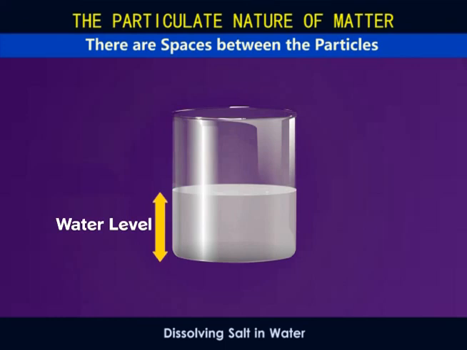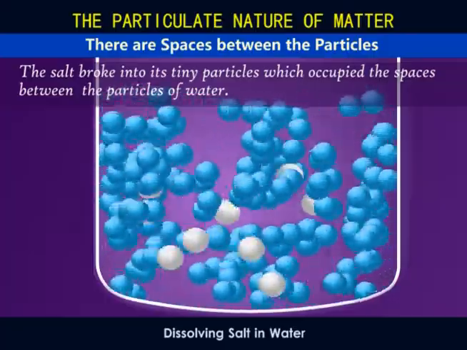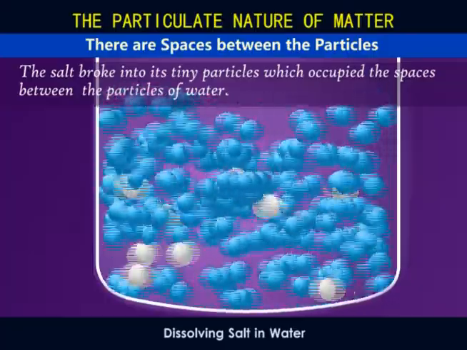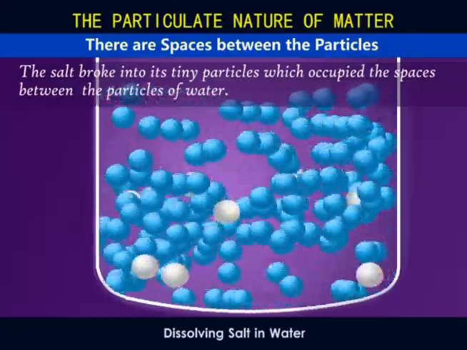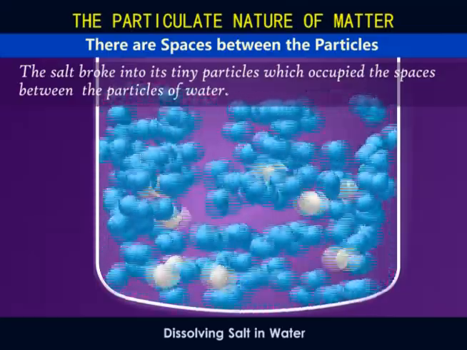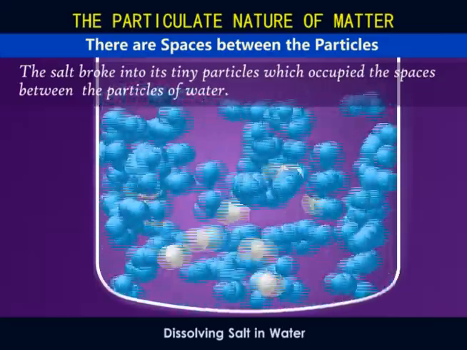If all matter occupies space, how come the volume of the water did not increase? The reason is that by dissolving, the salt broke into its tiny particles, which occupied the spaces between the particles of water. If these spaces were not present, then the volume of the water would increase.